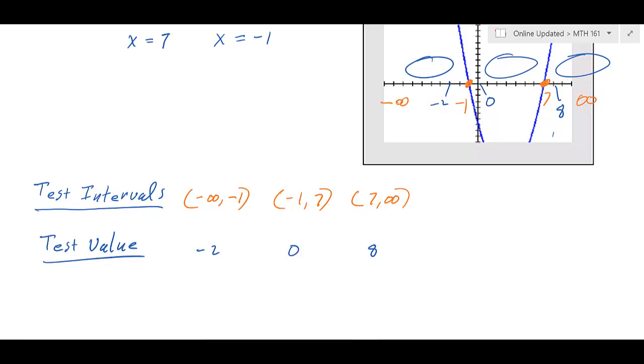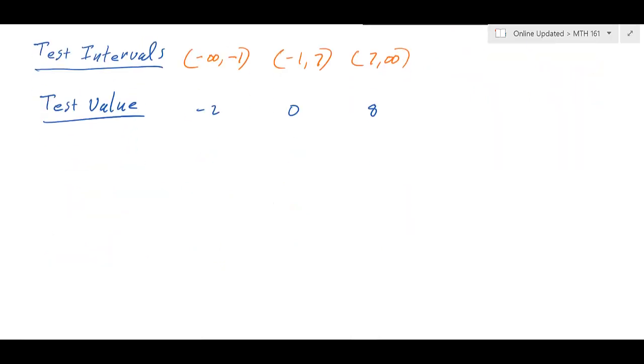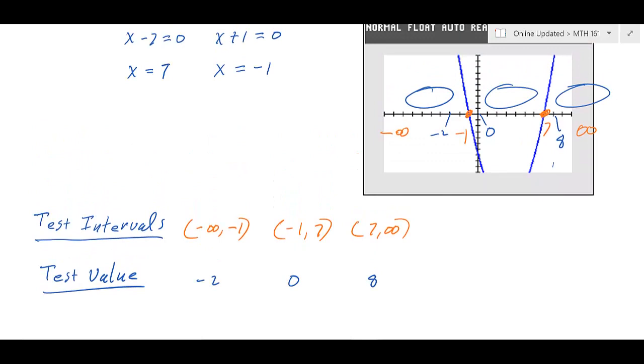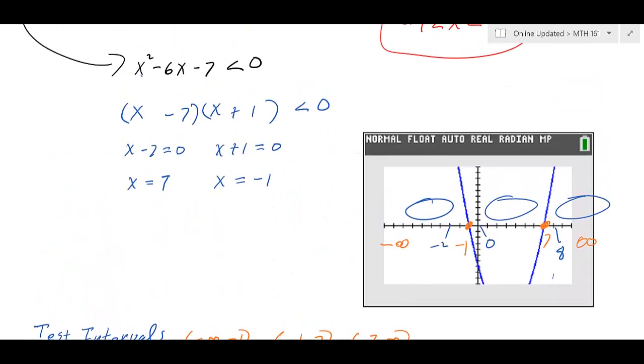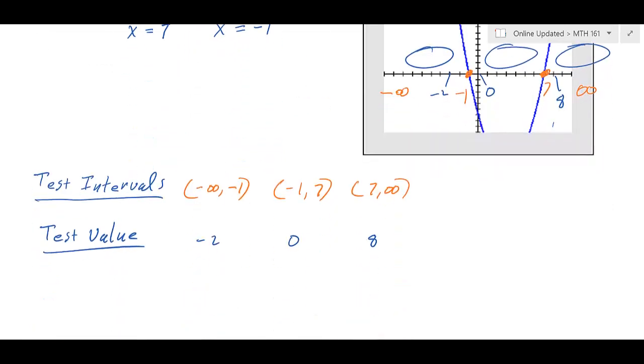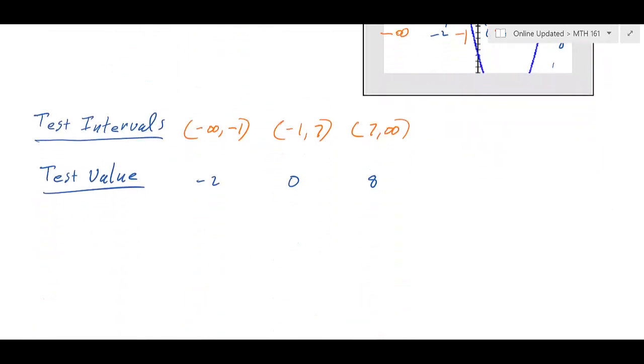Now, what we want to do with the test value is plug that into the polynomial x squared minus 6x minus 7. So if we do that, we want to figure out what is going to be the value of the polynomial. Now, if you have your graphing calculator, you could simply use it from here.